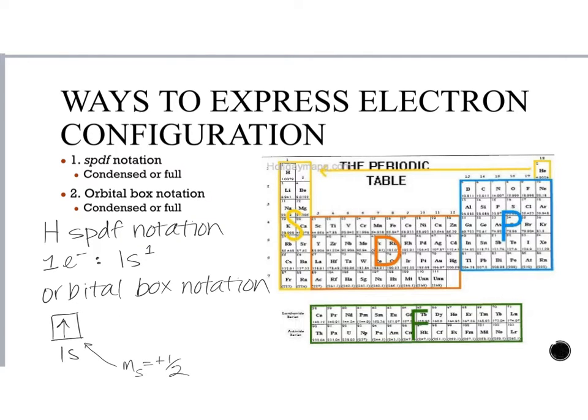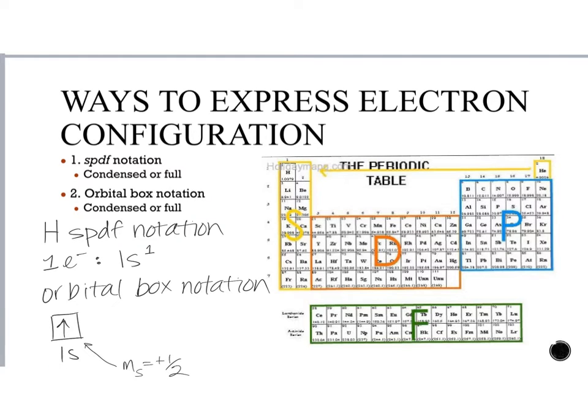If there is an arrow pointing down, that means m sub s would be minus 1/2. But each orbital can only contain 2 electrons, and this does not violate that rule because there's only 1 electron in there. And then we also annotate our box and label it with the sublevel, and this is in the 1s sublevel, first energy level in the S block.